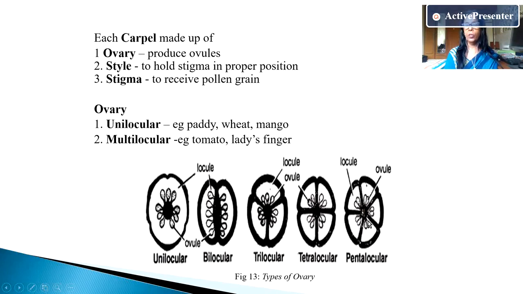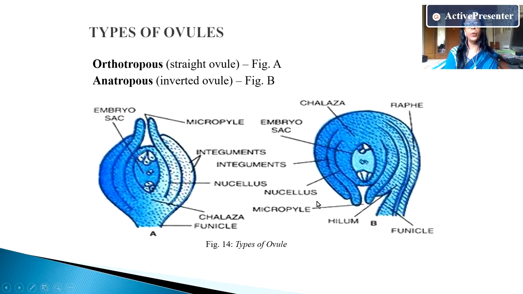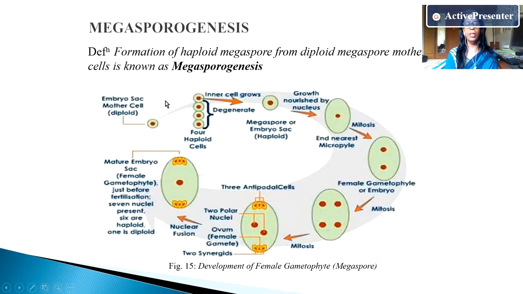And the structure of the ovule. We'll see how the ovules are arranged inside the ovary, whether in the straight position or inverted position. Accordingly, these ovules are classified into orthotropous ovule, that is straight ovule, positioned straight inside the ovary, and anatropous ovule, that is inverted ovule.